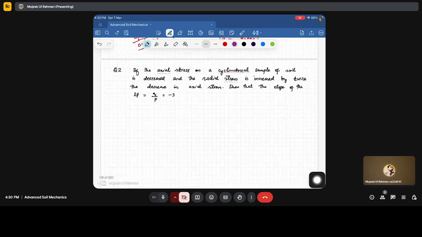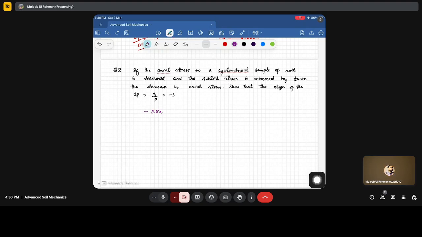we have another question. If the axial stress on a cylindrical specimen of soil is decreased and the radial stress is increased by twice the decrease in axial stress, what it's saying is that delta sigma A is decreased.